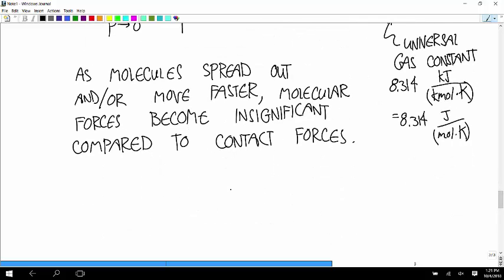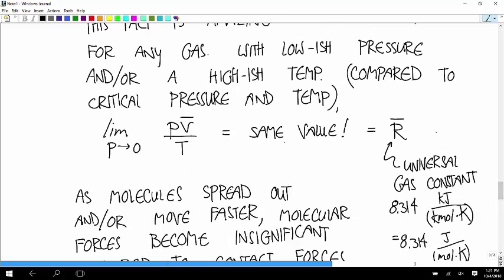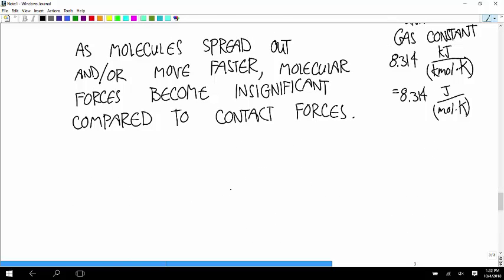So if you reorder this, so this says it's a limit as pressure goes to zero. Well, we're only going to apply this relationship with low pressures. And so since we have low pressures anyways, we're going to leave off the limit thing, and we come up with this ideal gas law.